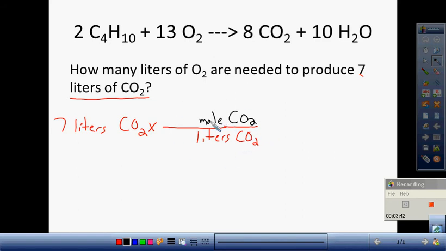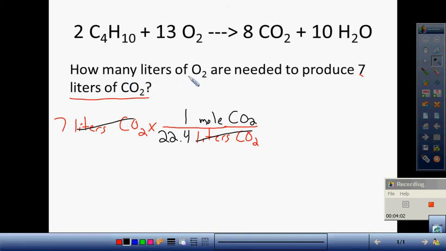I look at my fraction, there's 1 mole, that means there's 1 mole. And then my liters on the bottom, that's a number I have to memorize. It's always 22.4 liters per mole. Cross off my like units, I have moles of CO2.